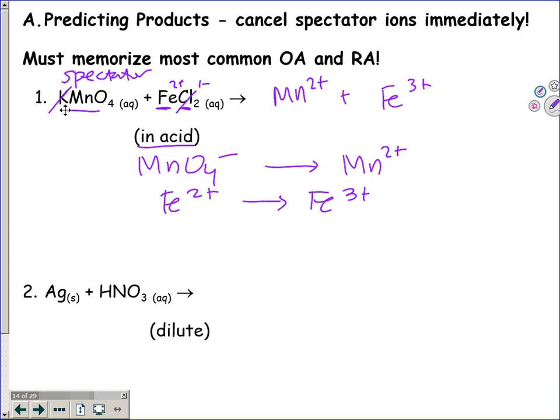Can you give me some steps here? How many? 4 H2Os, okay? So that gives me my 4 oxygens. Now I need what? How many? 8 hydrogen ions to balance out the H's. And then keep going. How many electrons do I need?